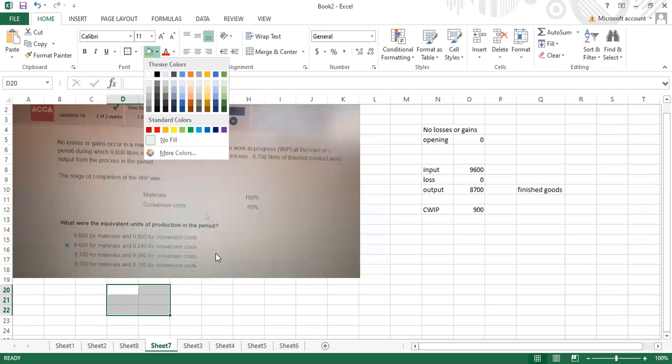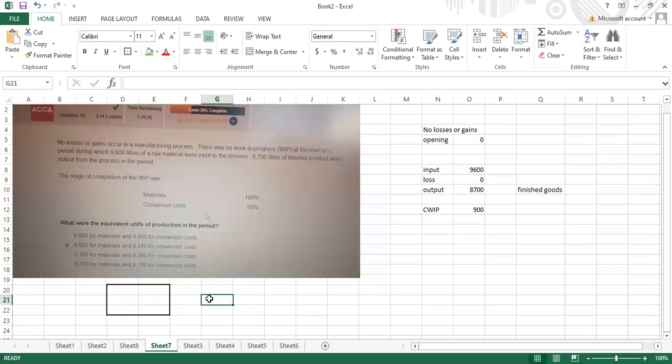It is a finished good and completely done. But there is some unfinished work: this is one piece, and this is the second one, and both are incomplete, the next units.